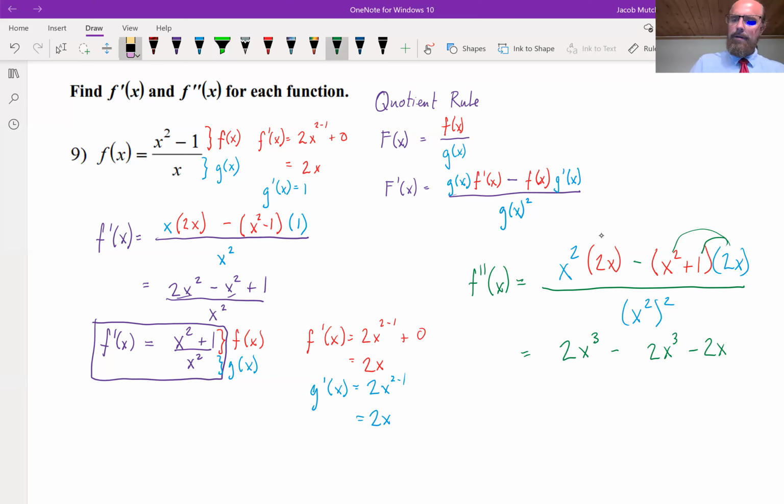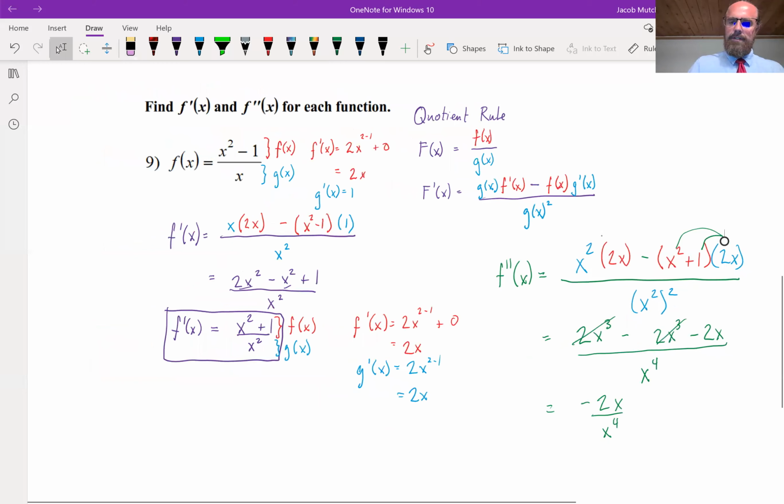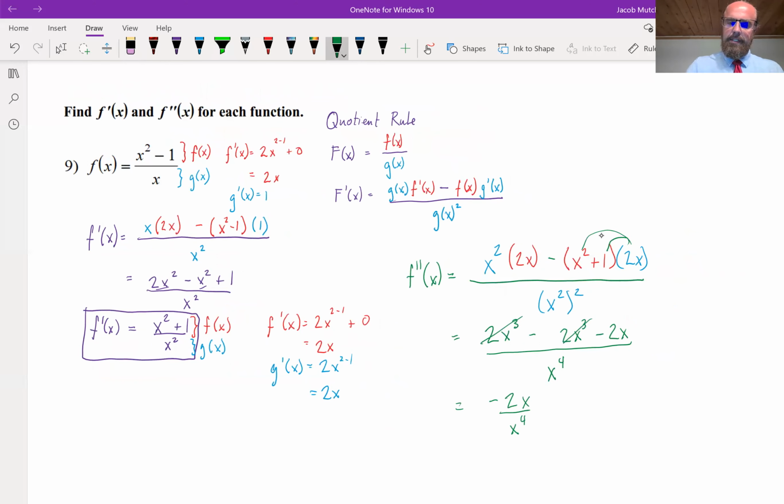And then for my denominator, I've got x to the power of 2 squared, which is x to the power of 4. So now these two terms will cancel. So what I'm left with is negative 2x over x to the power of 4. And if I simplify that by canceling an x, I get that the second derivative of f of x is going to be negative 2 over x cubed.